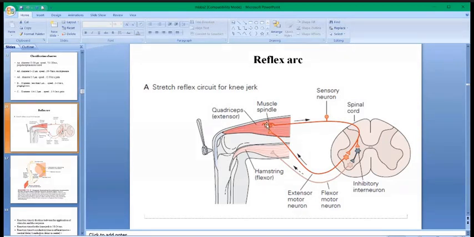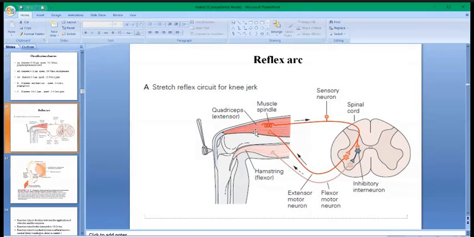Reflex arc has five components: receptor, sensory nerve, center, then motor nerve, then effector organ. So the effector organ is quadriceps femoris, it is contracting.